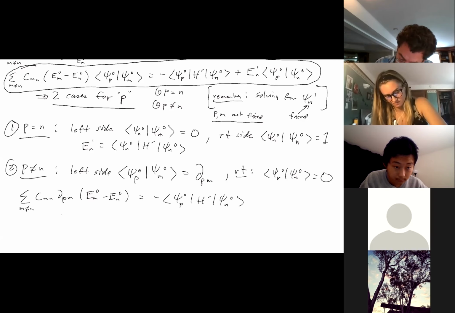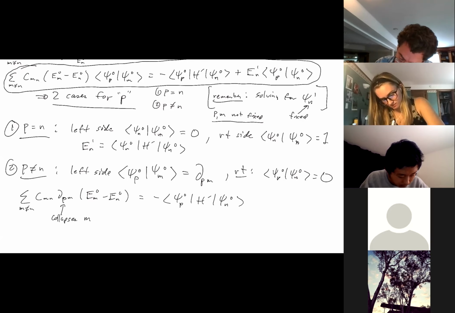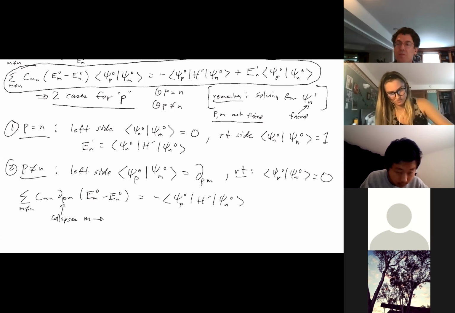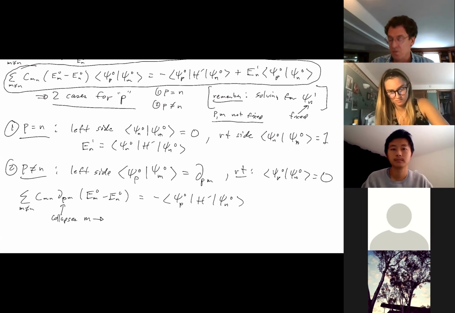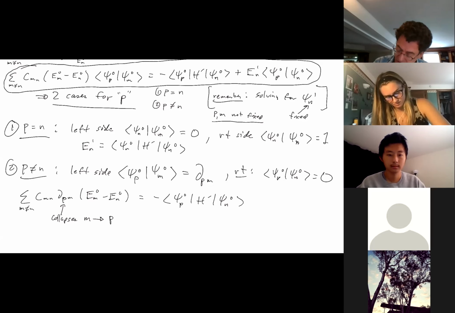But because I have a Kronecker delta, this collapses the sum. This is the trick of Kronecker deltas. What does m have to go to? The sum collapses. M goes to what? P. Yes, m goes to p. That's a math trick.